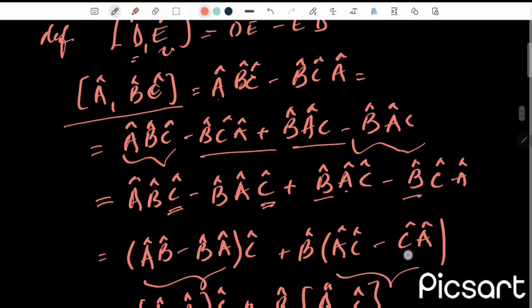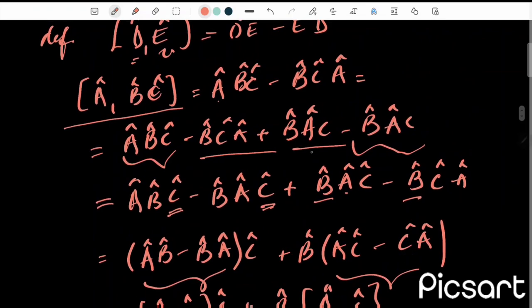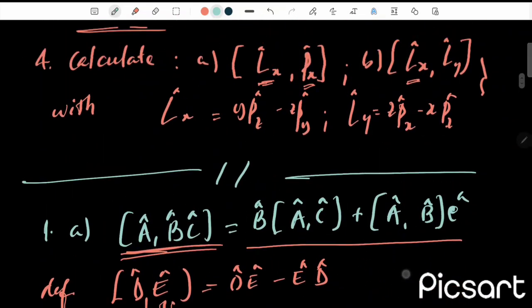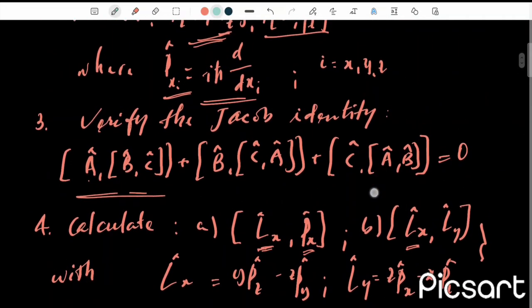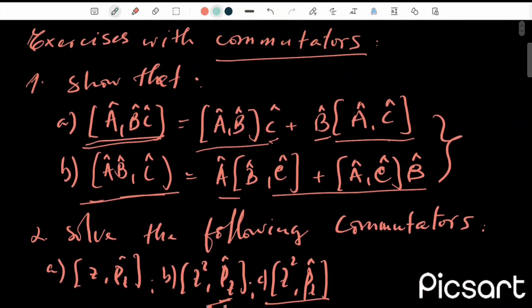Here we must remember that we are only summing with 0, because we have B times A times C minus B times A times C. Then we have here 0. Okay, we go on with the next exercise, which is B.